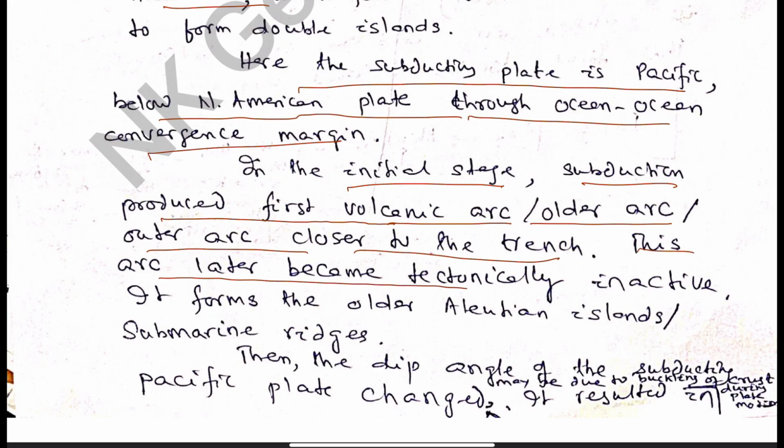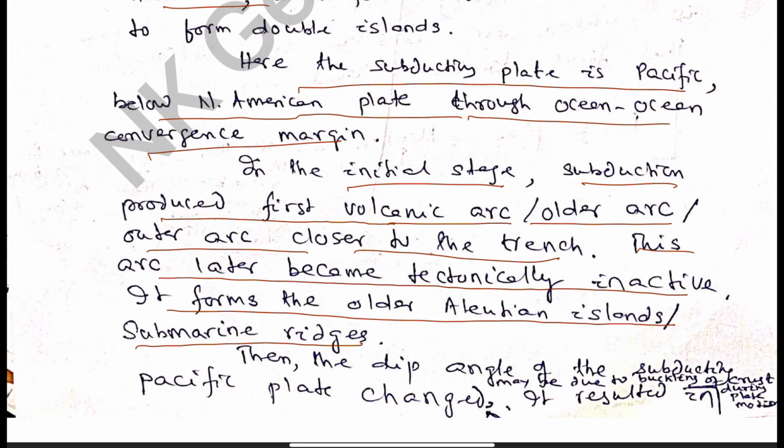This arc later becomes tectonically inactive. It forms the older Aleutian Islands or submarine ridges. So, because of the subduction, the first island arc is produced near the trenches.